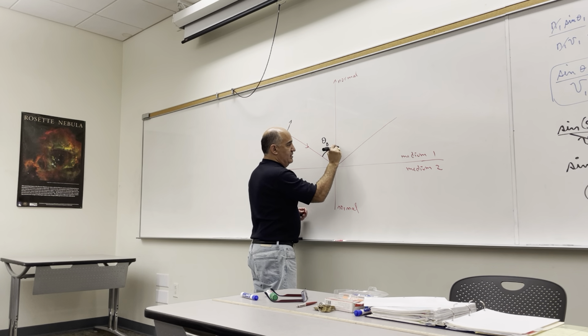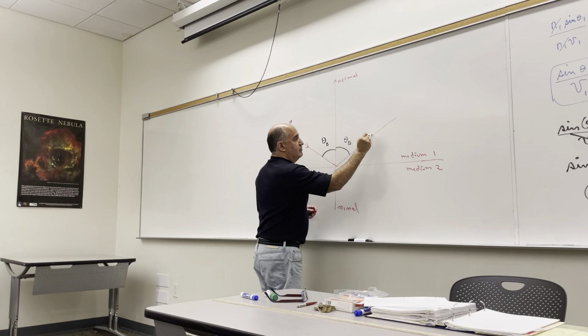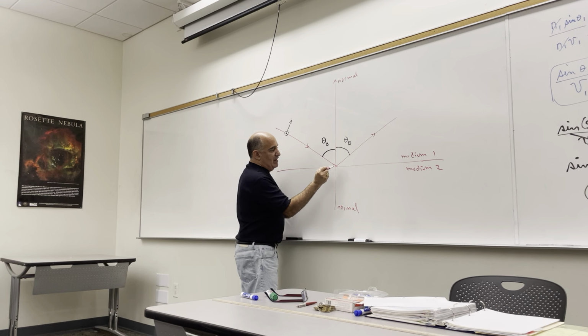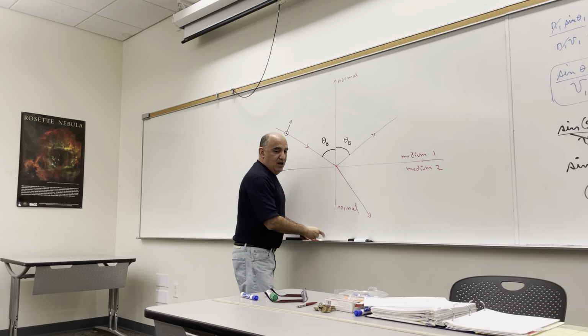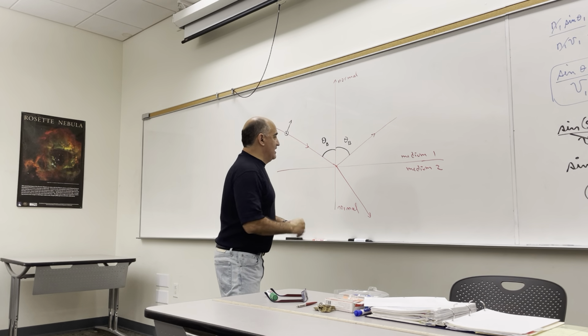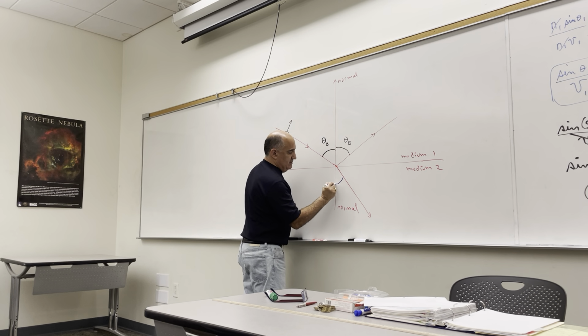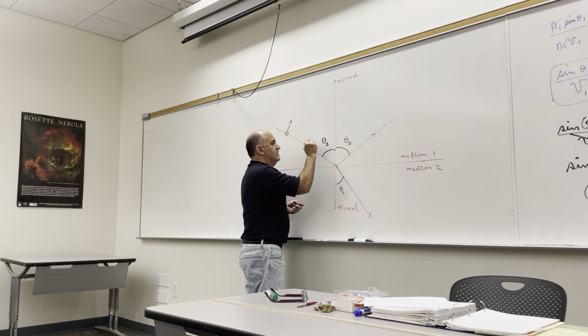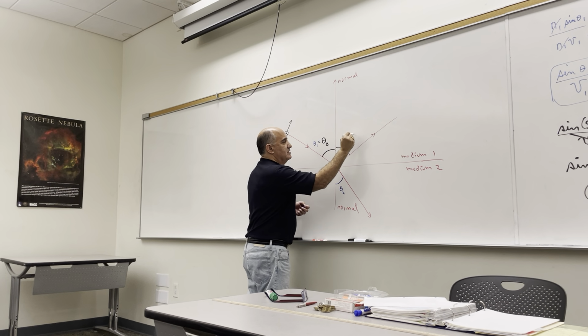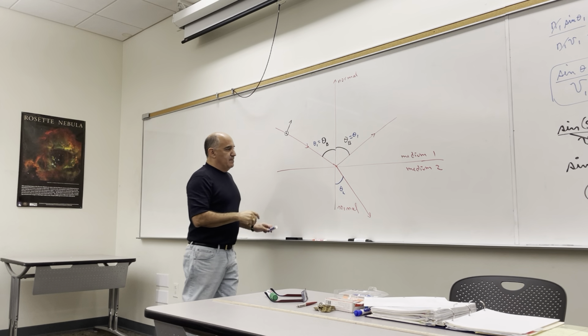So this will be the same angle as that. This is the reflected ray. And then the refracted ray is going to go like that. And now the angle of refraction is this. Let's call it theta 2, and this was theta 1, which is the same as this, right?